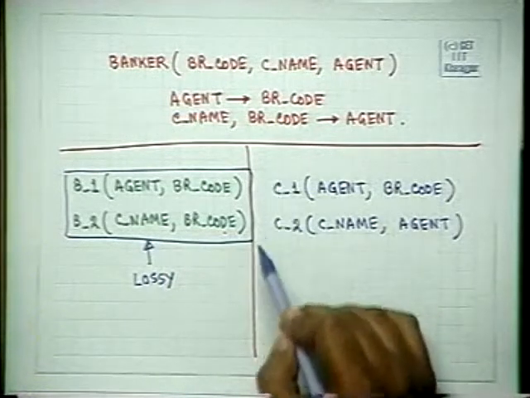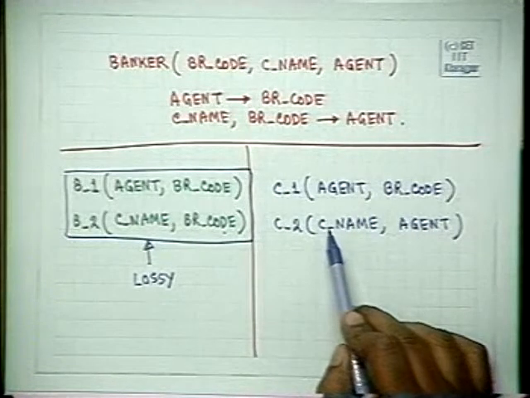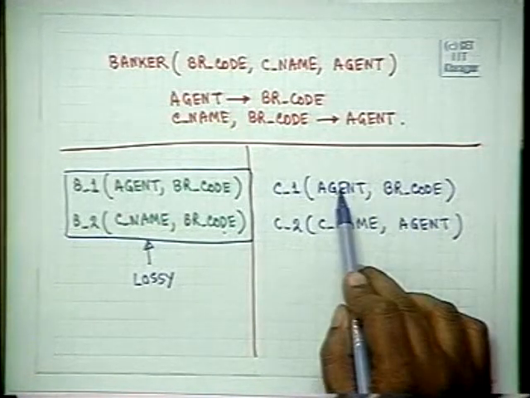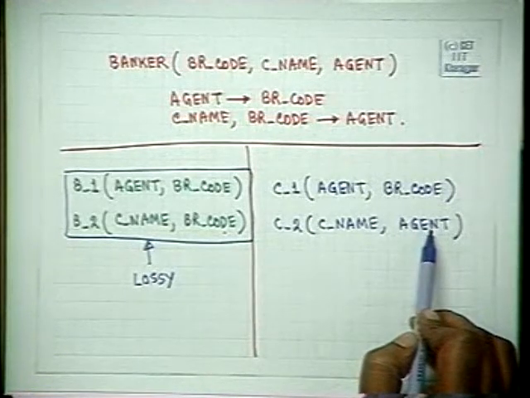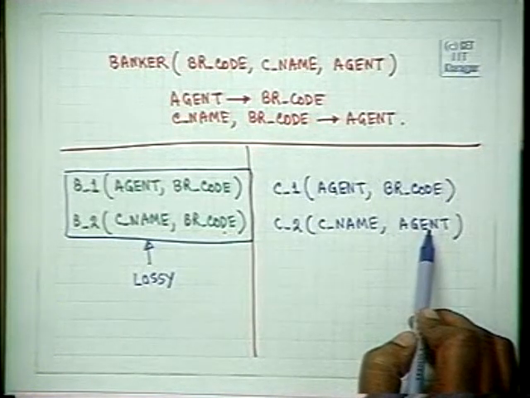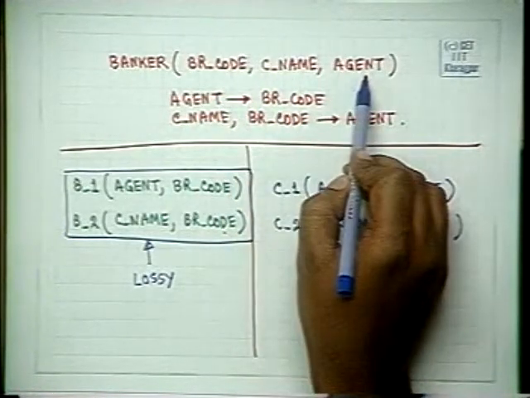On the other hand, here agent being the primary key, if this customer name has got a particular agent, customer name and branch code will give you agent.